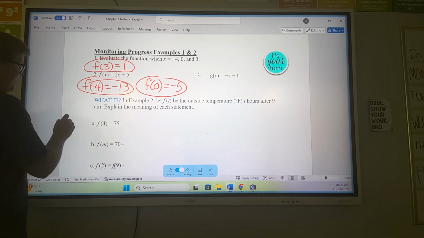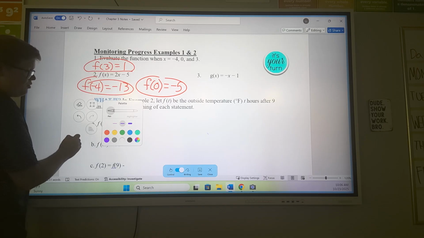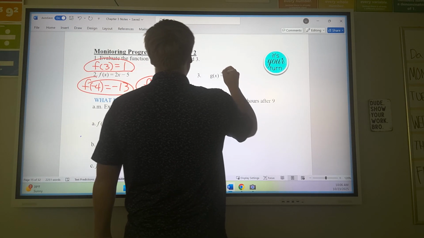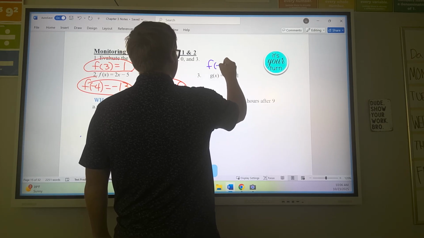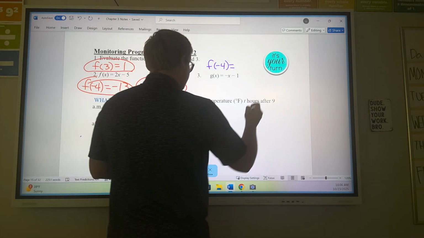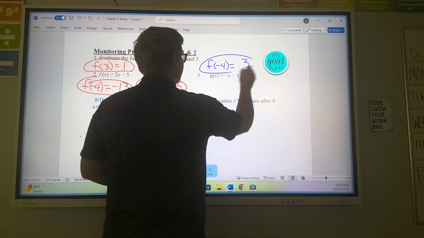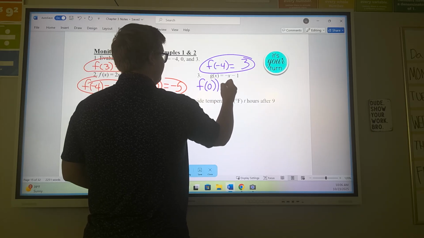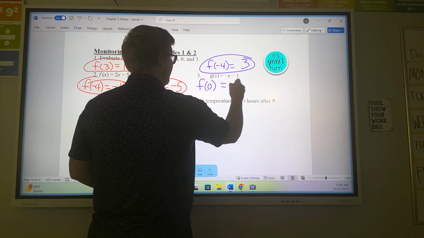Okay, for number 3. Again, I'm assuming you solved it already, so I'm just going to give you the answers. For g of negative 4, you should have gotten 3. For g of 0, you should have gotten negative 1.